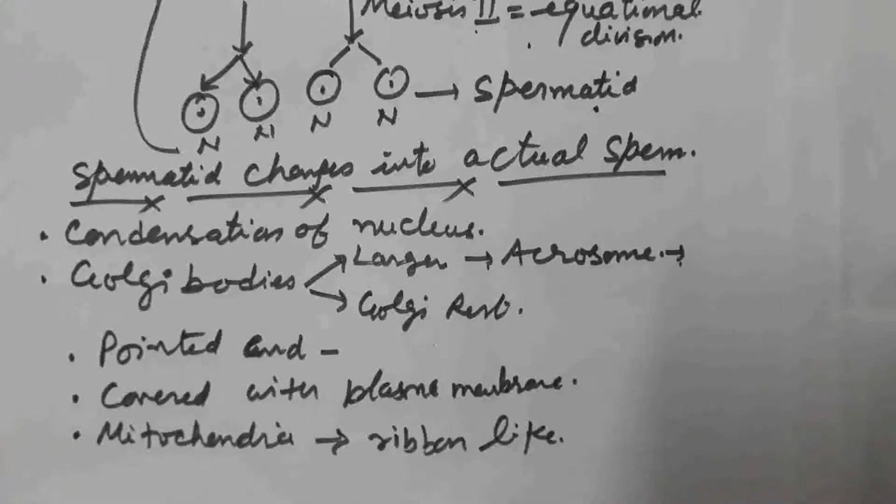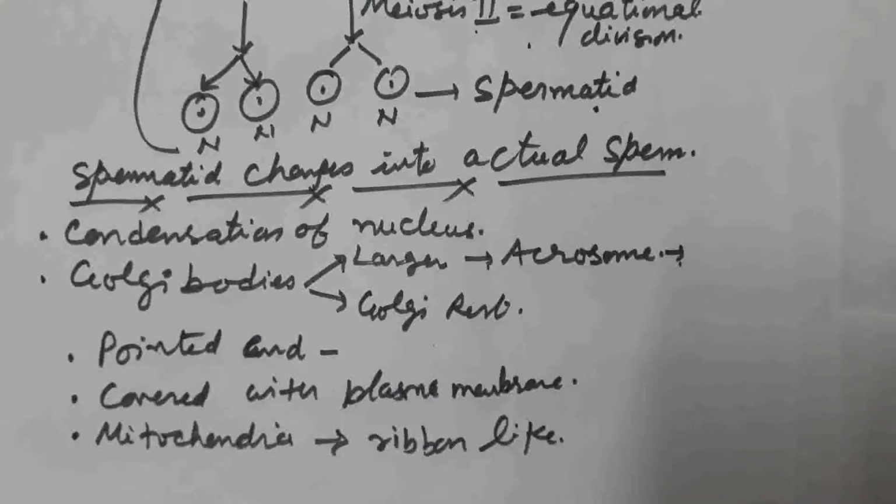So these changes occur in the spermatid, and it finally changes into an actual sperm. The spermatid is non-motile, circular in outline. It changes into an actual sperm, which is a motile functional structure and ready for fertilization.